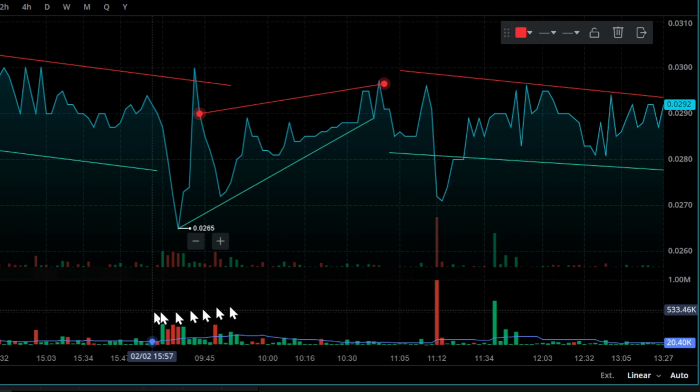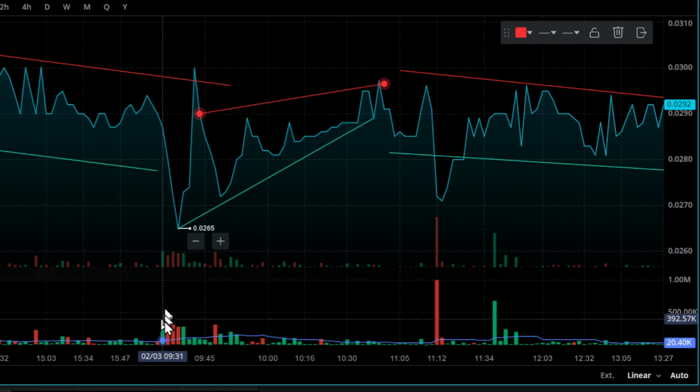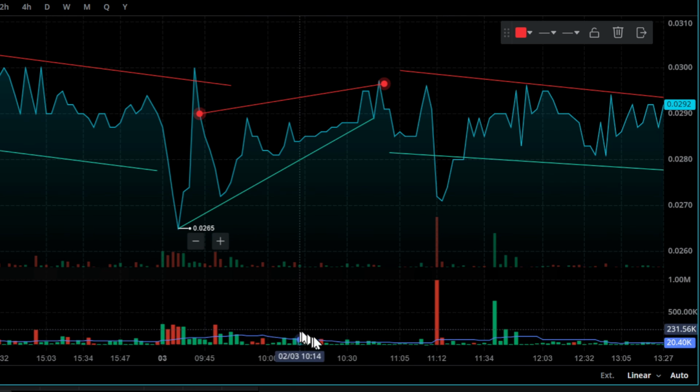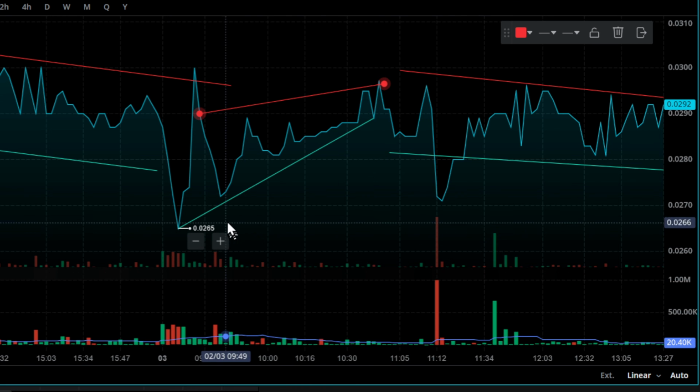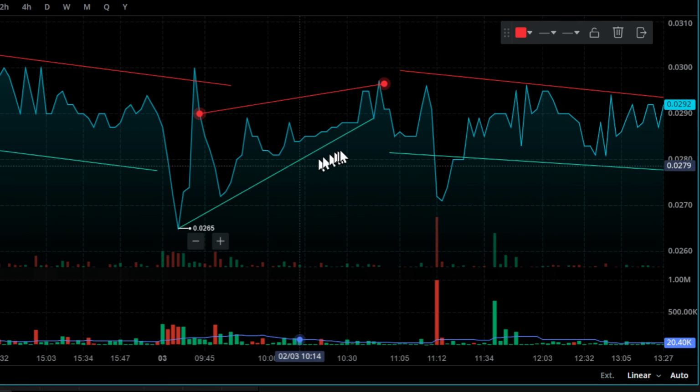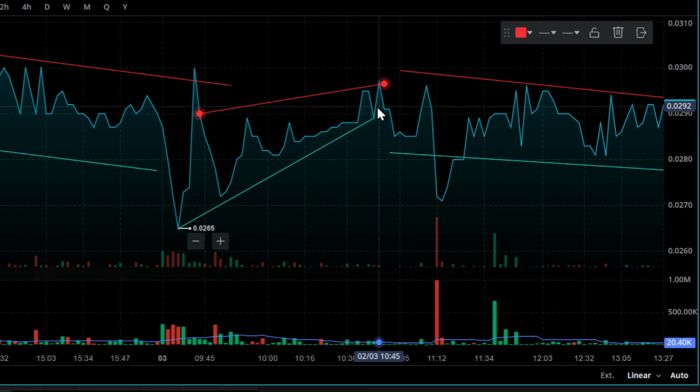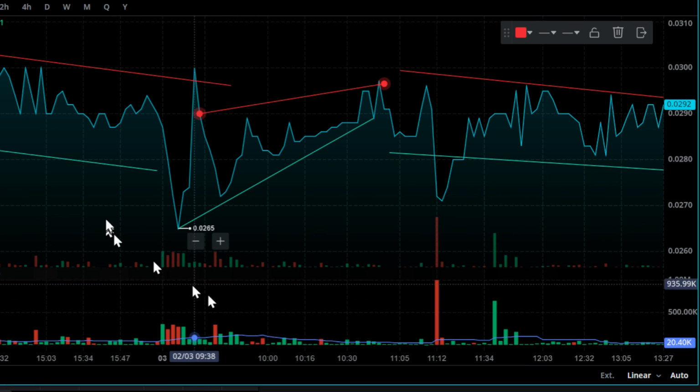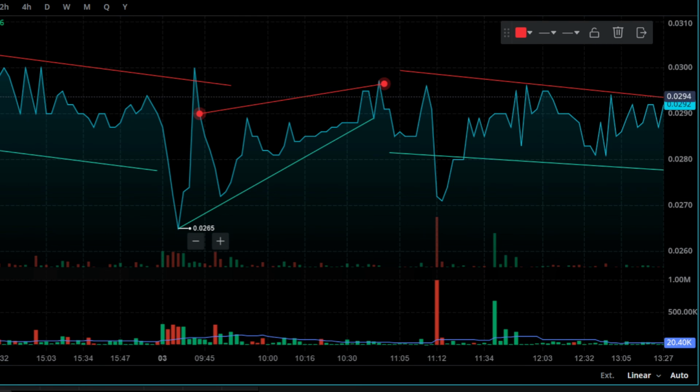The other thing that I want to say is if you'll notice here, volume goes from lots of volume to little volume. So as these two lines converge, so for example over here, let's talk about over here. They're parallel. I don't really have to change this too much. Volume here is kind of even, right?